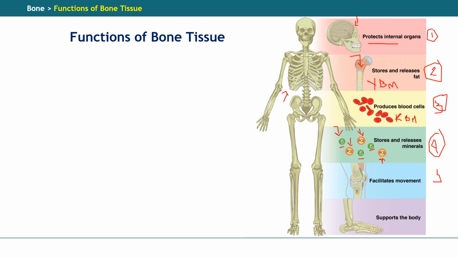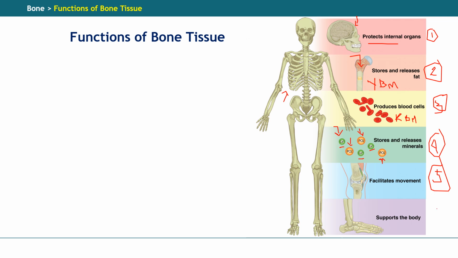Okay, now let's move to the fifth one. I think this is one of the easiest ones. That is that bones are helping us to facilitate movement. Remember, later we will talk about how the main function of muscles is to pull on bones using tendons, using ligaments, all these structures that are very important, and the connective tissue. So bones are important to facilitate movement.